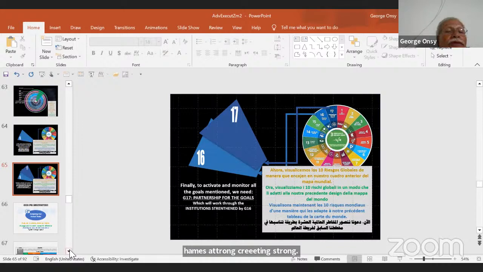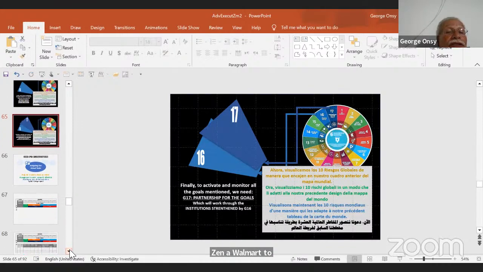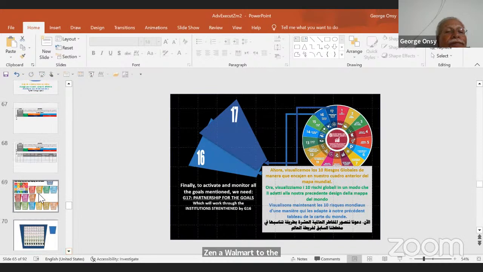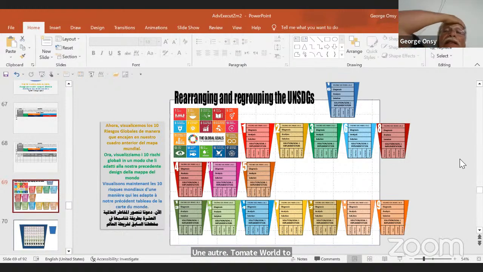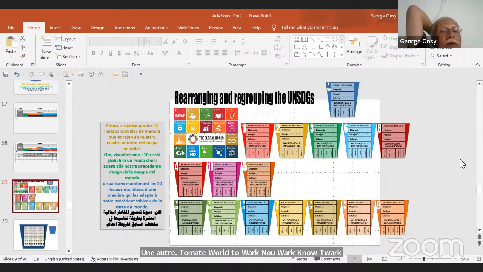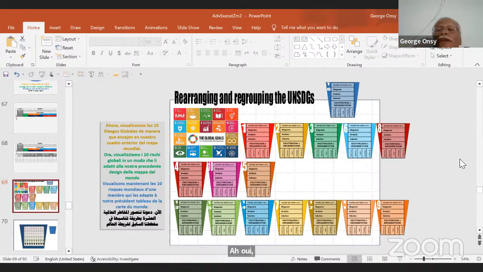Then I will move to the structure of each one of them. In order to make it work seriously, we need to put some kind of work table for each one of them. So, for example, for hunger or education or any other, here on this slide I set the 17 altogether, each one in its right color.